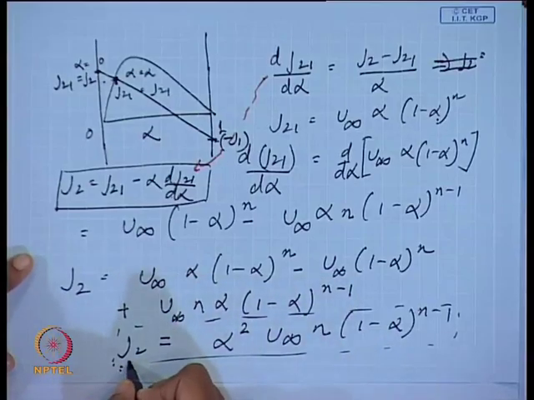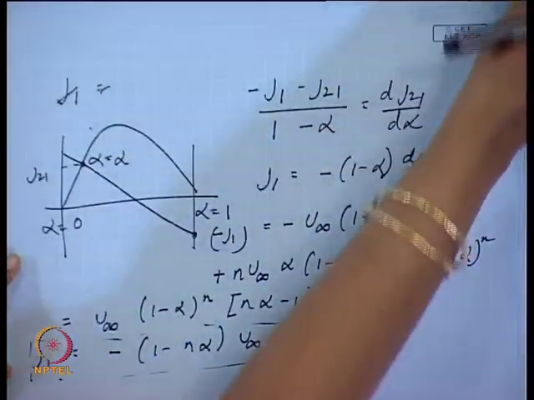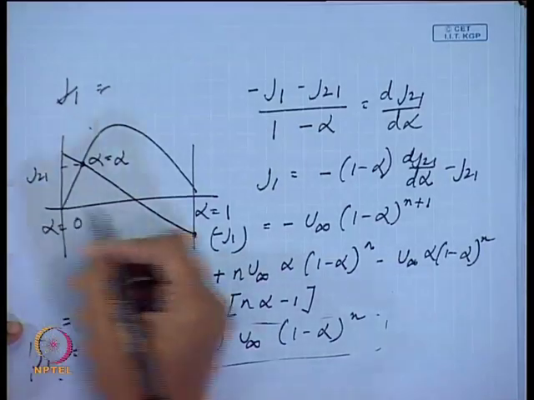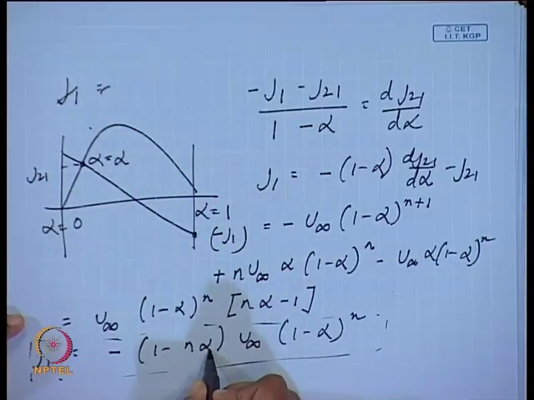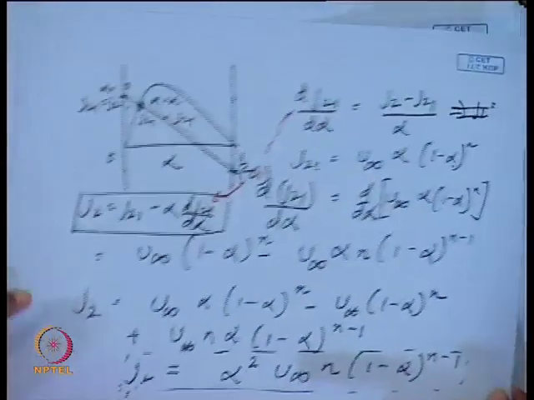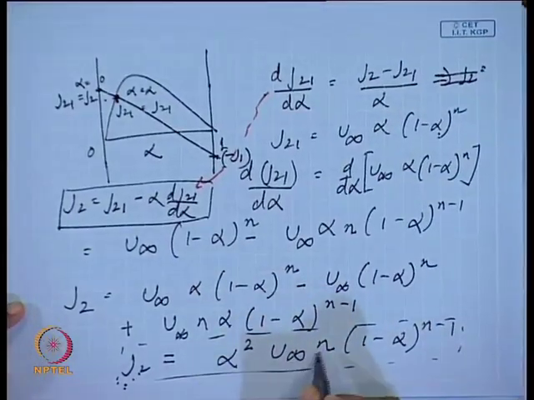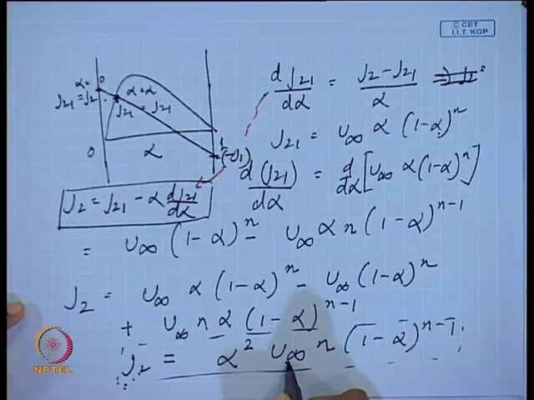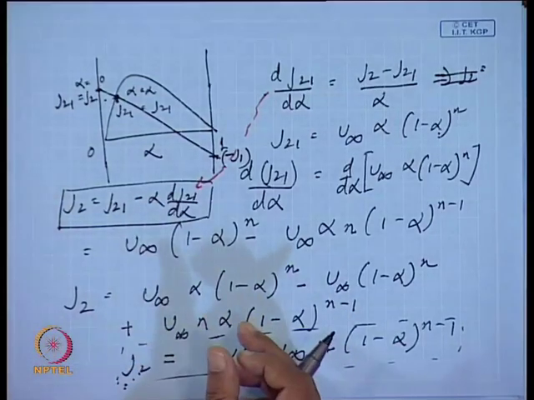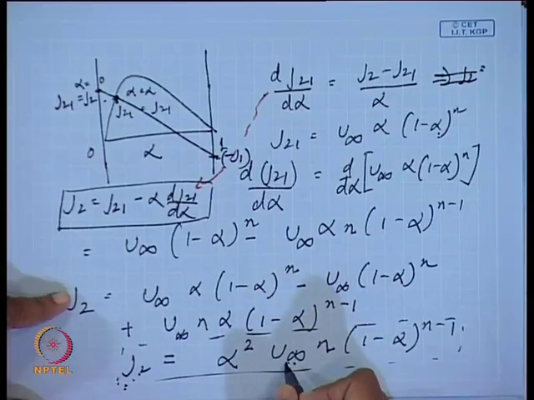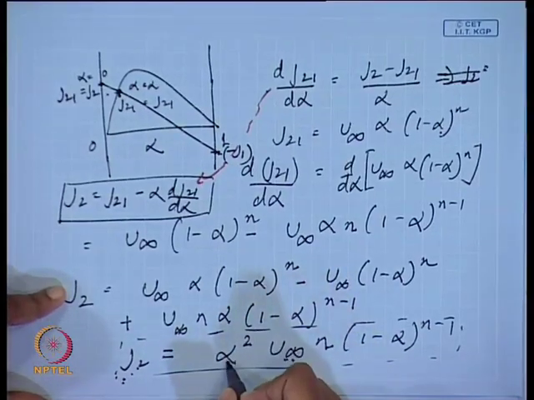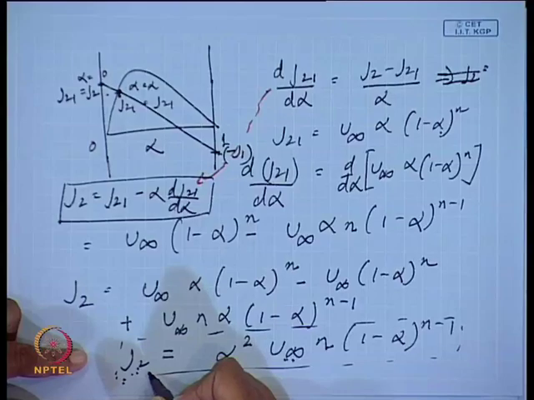We are required to locate this J2 and this J1 for different alpha. See, they are functions of just alpha, n and u infinity. Okay. For both the cases, you will find that they are functions of alpha, n and u infinity. So, n and u infinity depend upon the flow patterns and interfacial distributions, and they are going to be different for bubbly, slug, churn, etc. So, for the corresponding flow pattern you find out n and u infinity. Okay. Then for each alpha you can find out J2, you can find out J1.